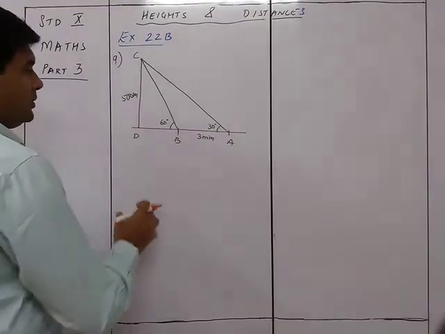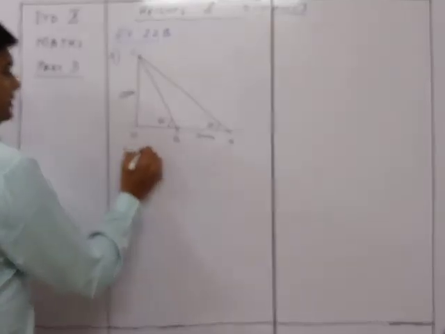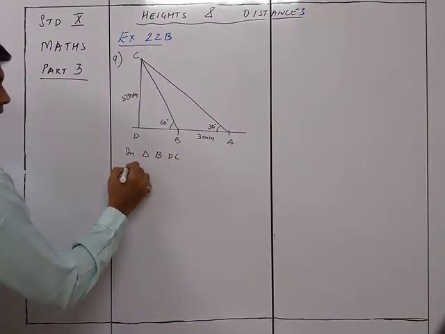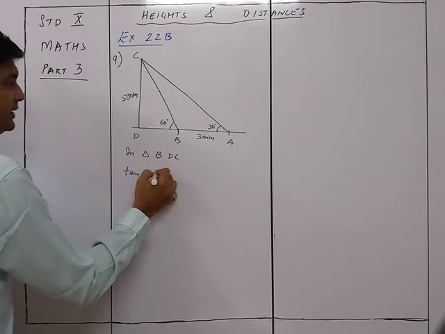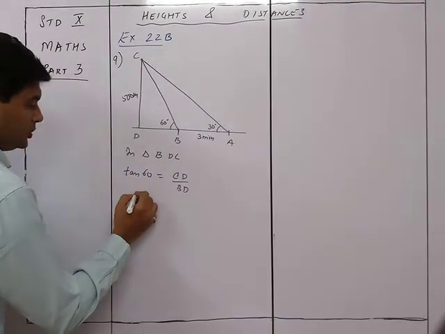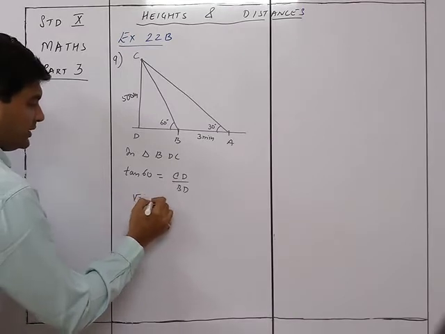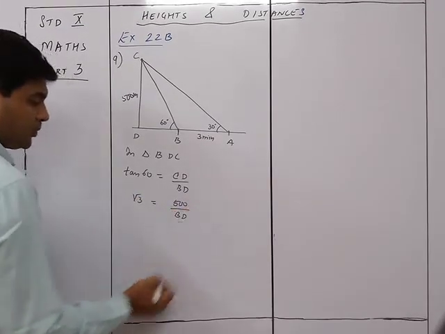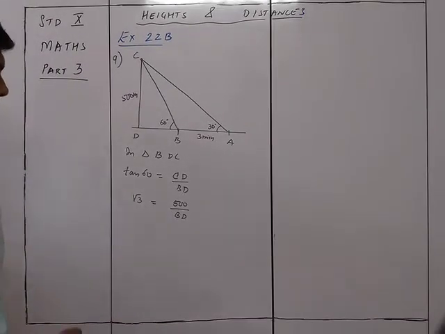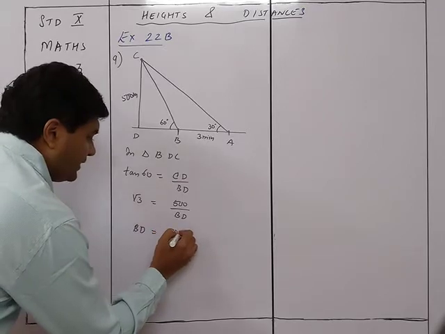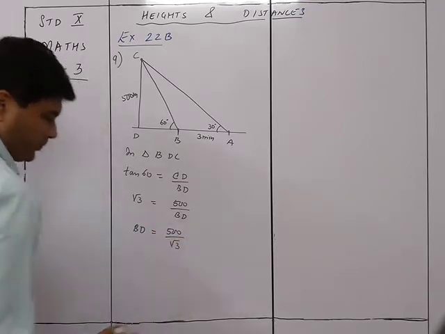Okay. So in triangle BDC, tan 60 is equal to CD upon BD. So root 3 is equal to 500 upon BD. So therefore BD is equal to 500 upon root 3.